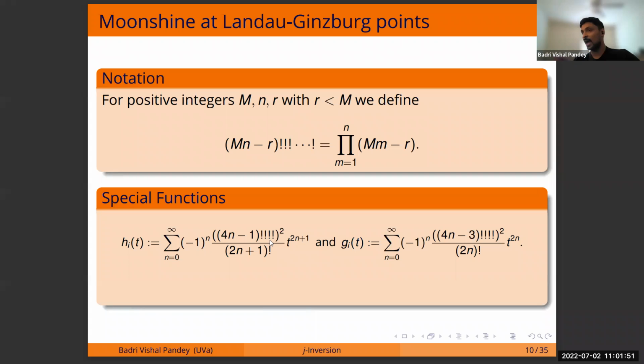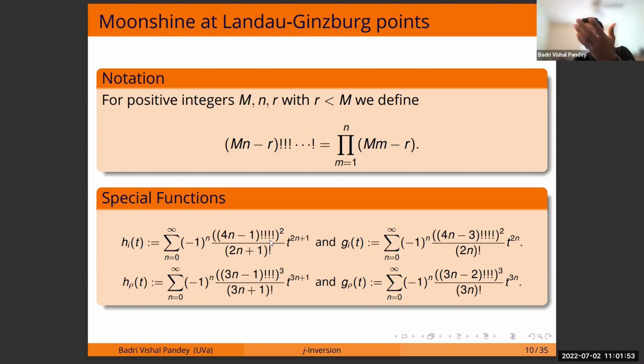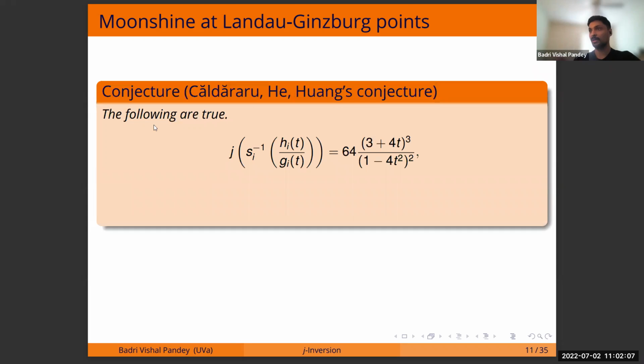So this is for I, and these are going to give you the special functions that I was talking about. So h rho is defined in the following way. Again, in the denominator there should be 3 factorials. My bad, I noticed that. If you have these 2 functions, then their conjecture is the following.